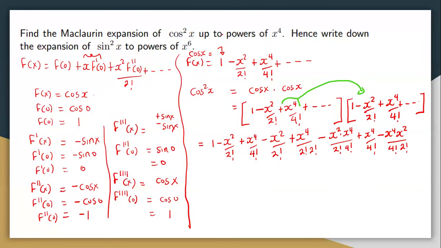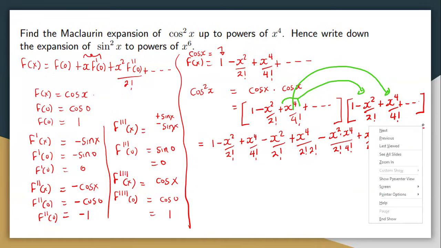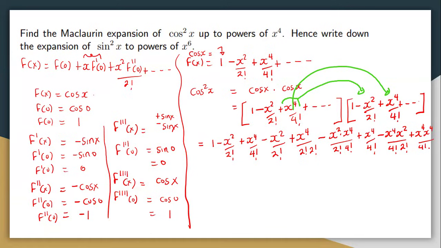The next is going to be x power 4 times this. Now, x power 4 times x power 4, you notice that it will be plus x power 4 x power 4 out of the 4 factorial out of the 4 factorial.